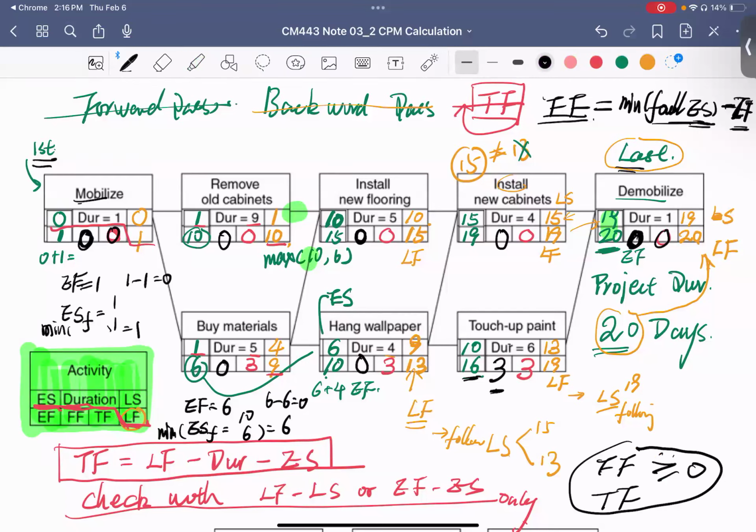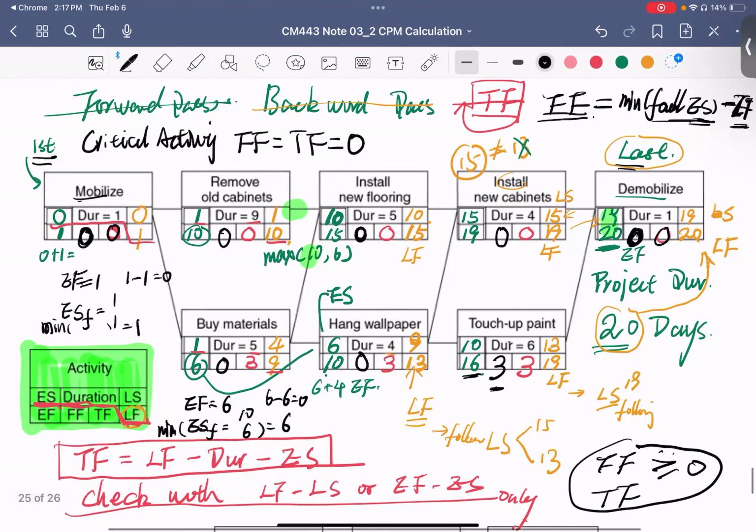All right. So we determine the early start and early finish time, late start and late finish time, total float and free float, and then we are going to find the critical activities. So that will be using the free float equal to the total float equal to 0. How many of them match this?